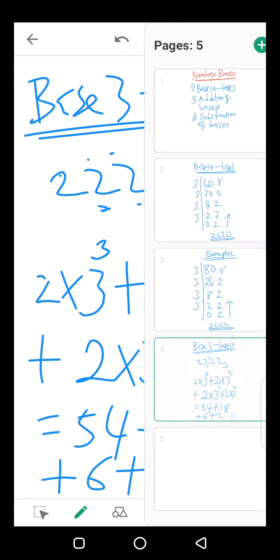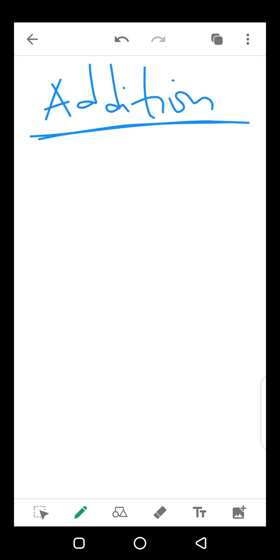Now, how do we do addition in bases? If you are given 2 numbers in base 2 and we are asked to add them, how do we add them? Addition of bases. Just the way we do our normal addition, that's the way we do in number bases.